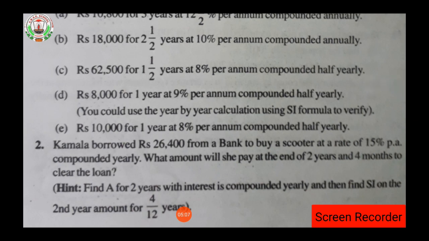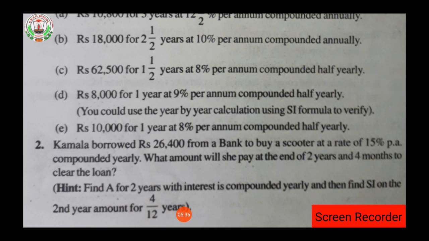One year is equal to 12 months, isn't it? So in order to convert months into years, we divide 4 by 12. When 4 by 12 is divided it gets cancelled: 4 ones are 4 and 4 threes are 12. So 1 by 3. The total time in this question will be 2 1/3 years. While solving the question it will be more clear to you people. Clear?